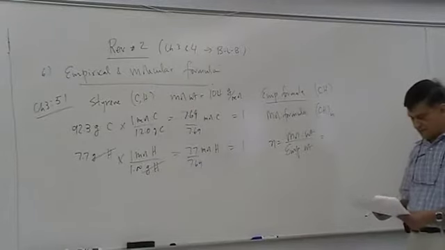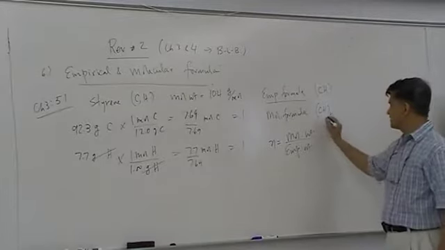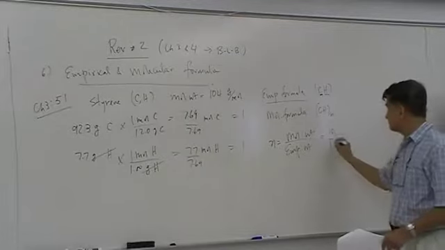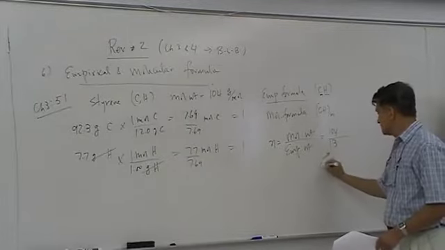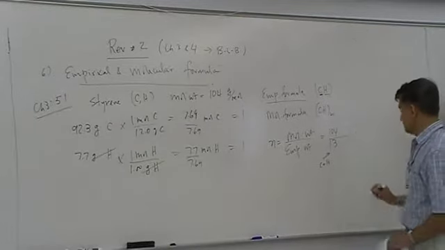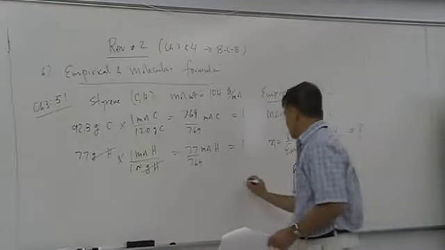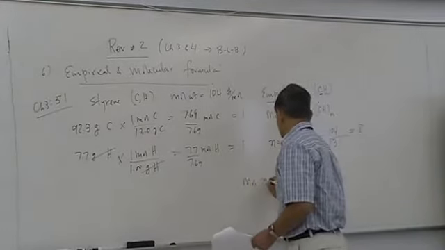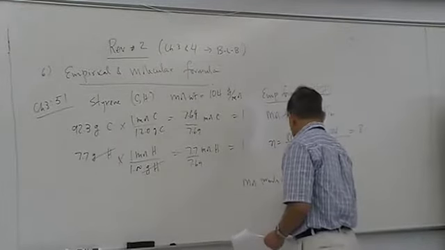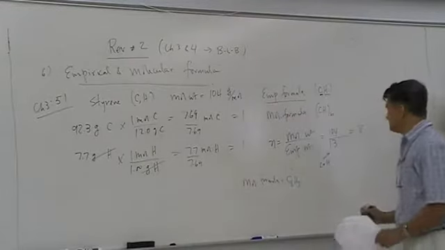In this problem they gave you the value of 104, and empirical weight you calculate from carbon and hydrogen, 12 plus 1, that's 13. I have 1 carbon, 1 hydrogen. That's an empirical formula. So my multiplicative factor is 8. So molecular formula is C8H8. So there will be a question on empirical and molecular formula.